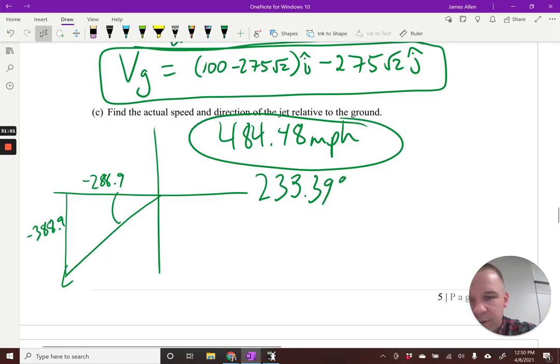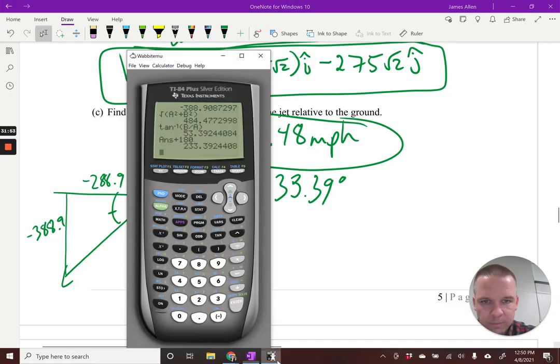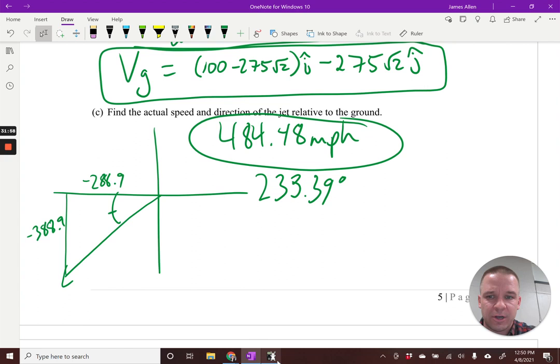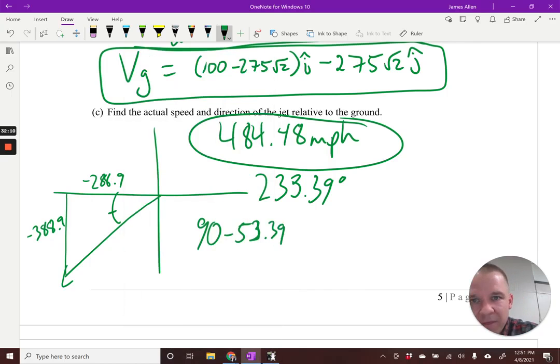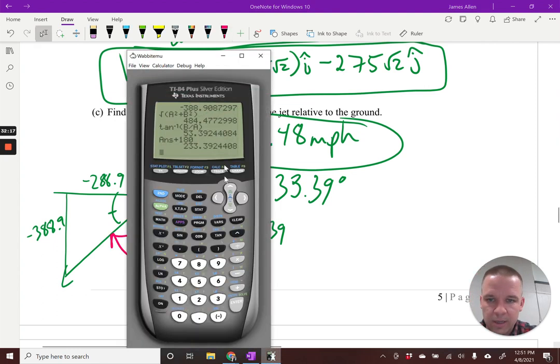Or we said this angle was 53 point something, right? 53.39. So that's not a compass direction, but if I did 90 minus 53.39, that would give me this angle right here. Okay, let's do that real quick.